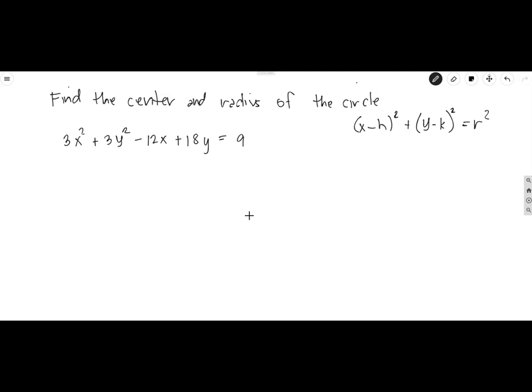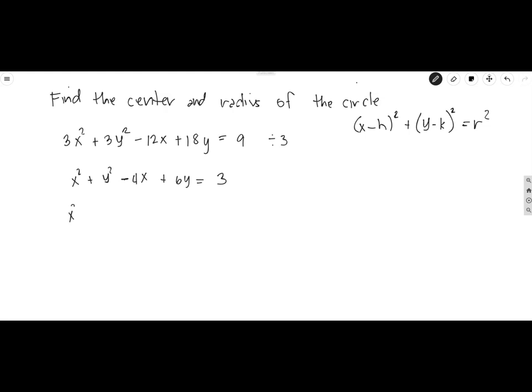First thing you will do is, everything is divisible by 3, so you have to divide everything by 3. So we have now x squared plus y squared minus 4x plus 6y equal to 3. And then how do we do completing the square? First thing you will do is group.